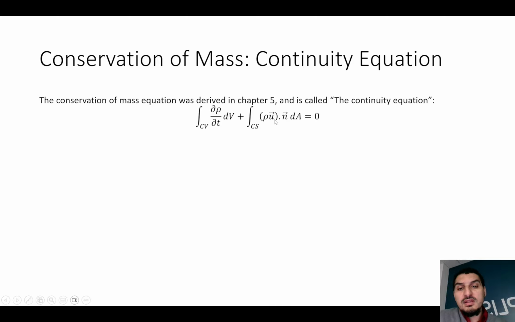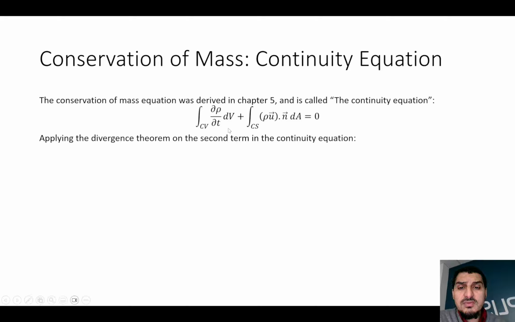If the flow is in, then the direction of the velocity is opposite to the direction of the normal vector, so this dot product would be negative. So this is both the outlet flow minus the inlet flow. So this equation is the accumulation plus the output minus the input is 0, which is the general form of any conservation of mass equation.